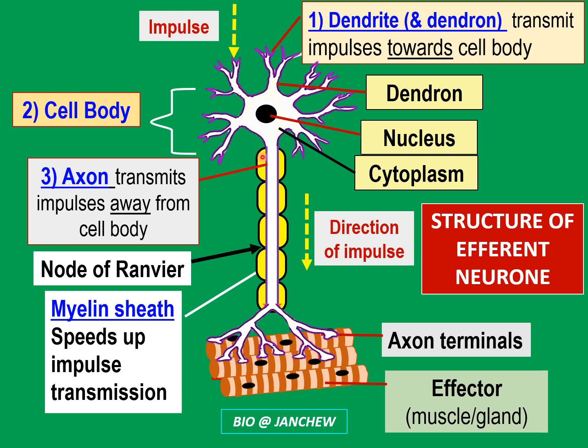It is an insulator. So it's done intentionally so that the impulse can jump from one node of Ranvier to the other, where there's a bit of axon, and then it can travel faster so that the organism with this type of neurons can respond more quickly to any changes in the environment for the survival of the organism.